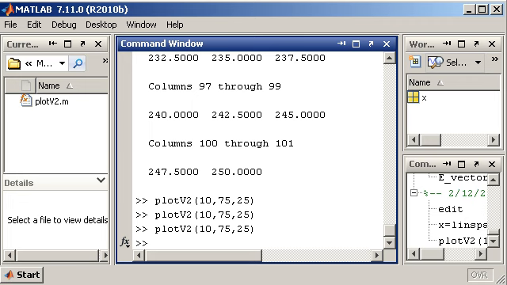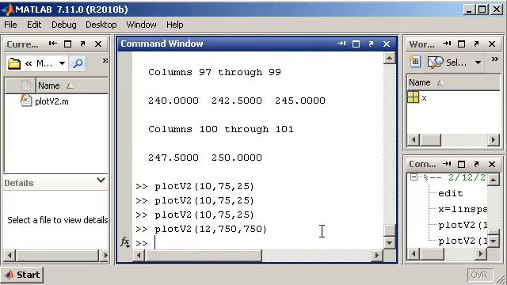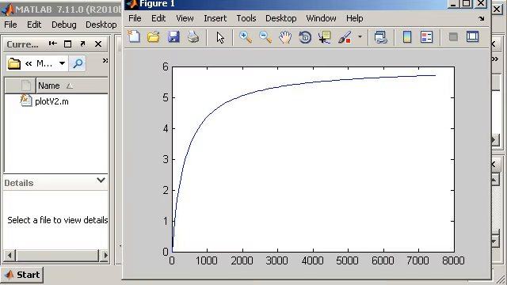I'll choose, let's go with 12 volts instead of 5 volts. So if I go like 12 volts, make that 750 ohms and 750 ohms, it should go up to 6 volts. And indeed, it does seem to be asymptotically approaching 6 volts there.